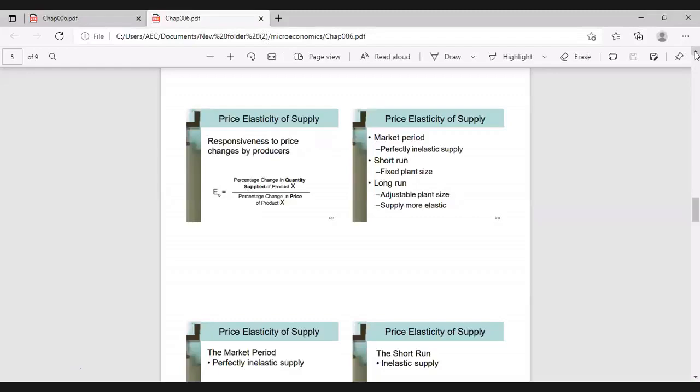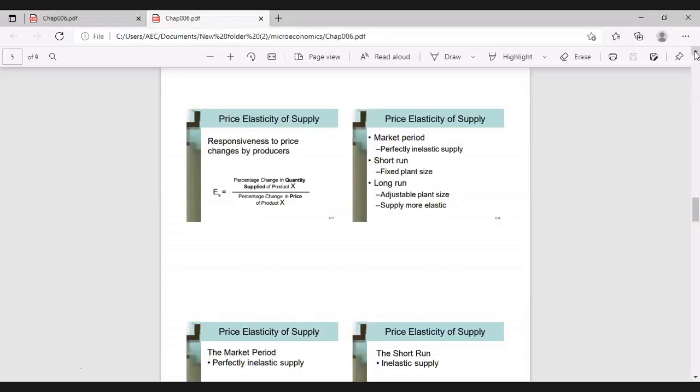So for an agriculture product, when the price changes, the seller cannot change supply immediately. They need time to produce and supply. So immediately after a price change, the producer will not respond.